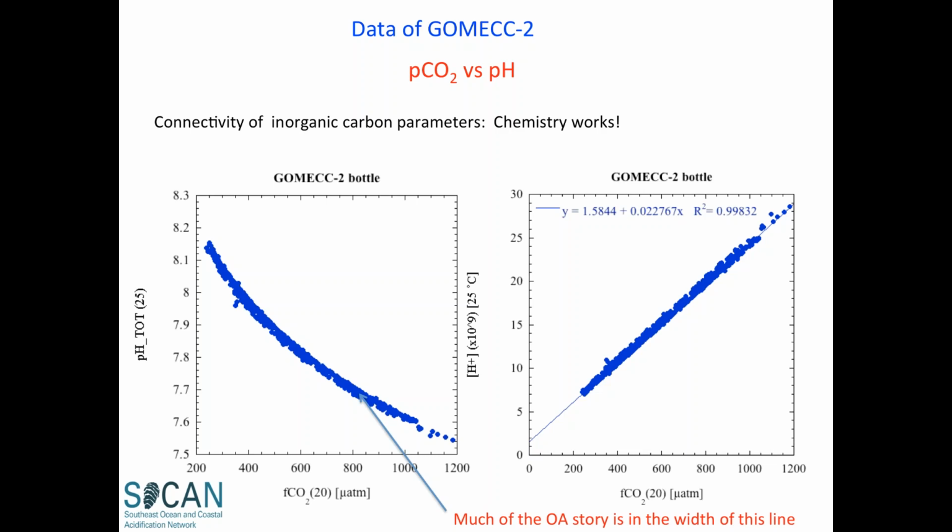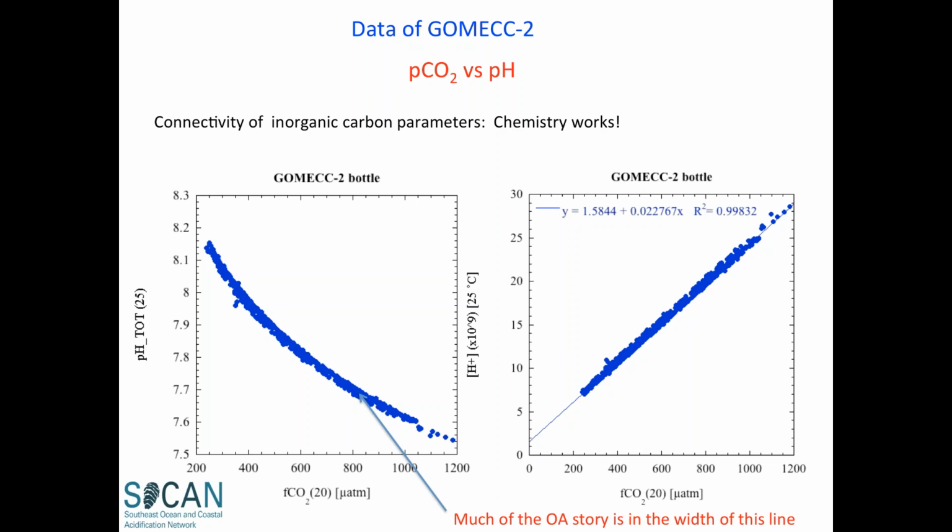Now, I should stress that much of the ocean acidification story is really in the width of this line. There's a lot of information in the variation of this line, but on large scales, we can say that the FCO2 and the hydrogen ion concentration are strongly and linearly correlated.